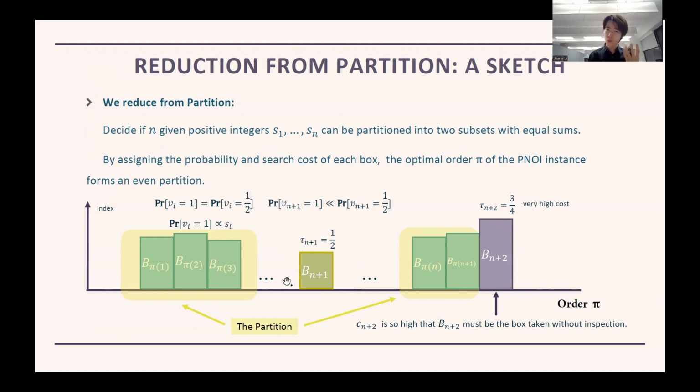And we tune the parameters, with some very dirty calculation here, such that the optimal initial order of the POI problem corresponds to an even split of the partition problem, if an even split is possible.